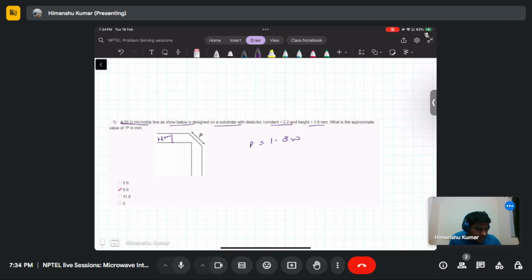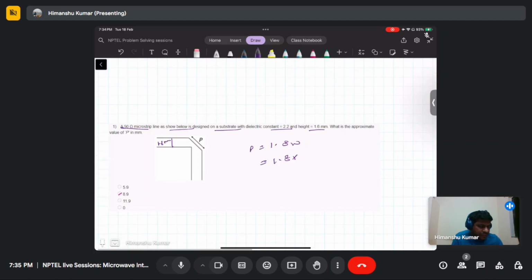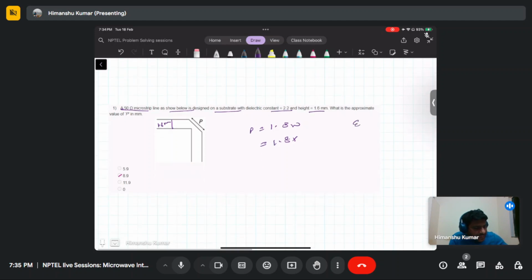So it is 1.8 times W. From epsilon r, which is 2.2, the height 1.6 mm, and Z naught of 50 ohm, you can calculate the width of the line.